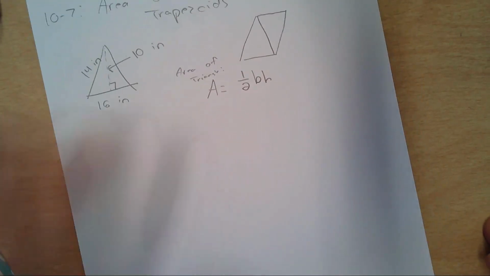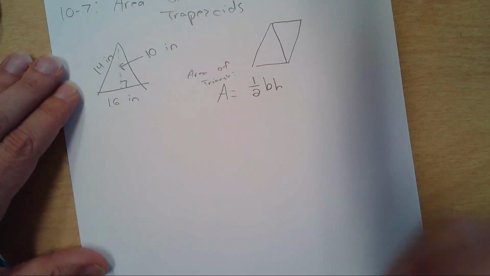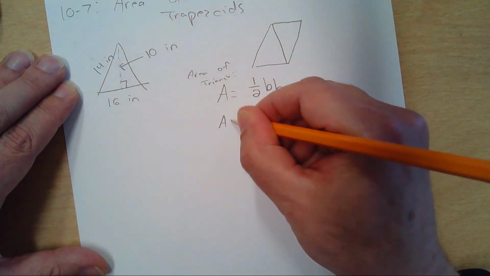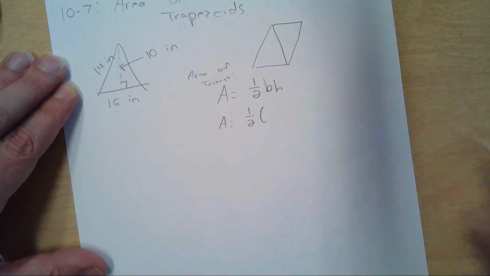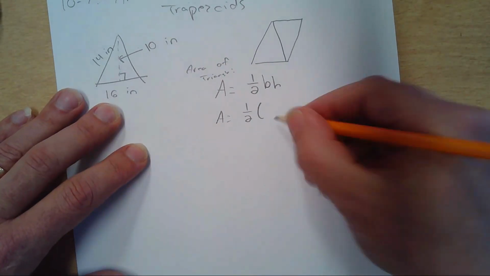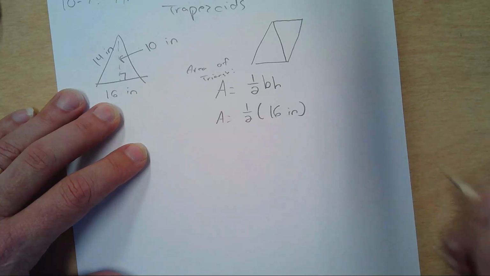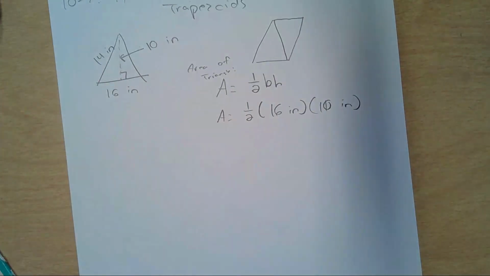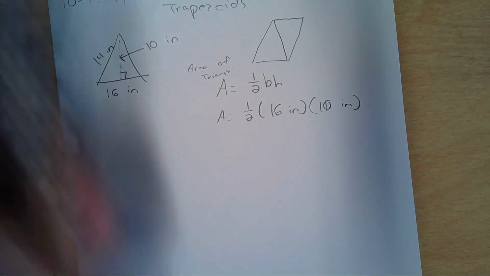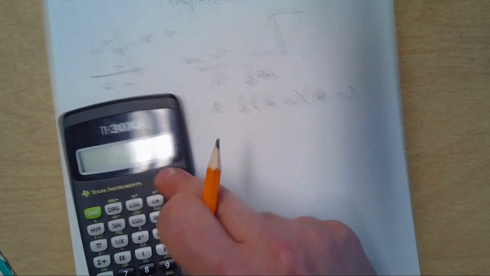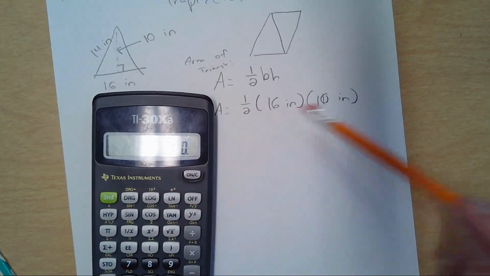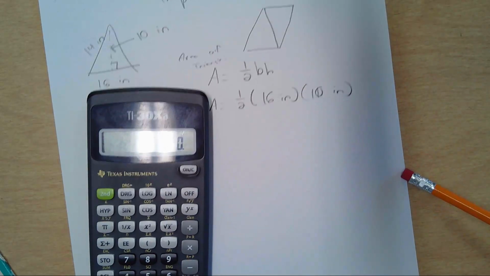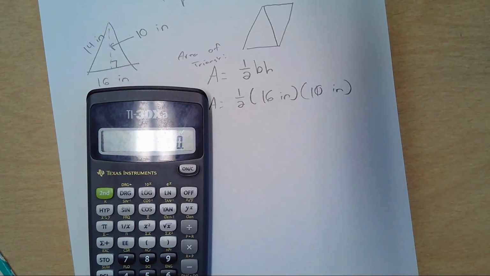So going through, plugging in all the information again. If I'm finding area, well, 1/2 times the base, which is 16 inches, times the height, which is 10 inches. Multiply those 3 things together. To do it here, I mean, you can multiply these 2, then divide by 2. You can pick either one of these numbers and just cut them in half.